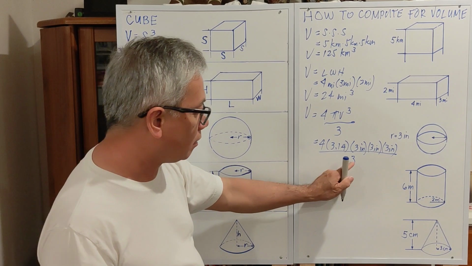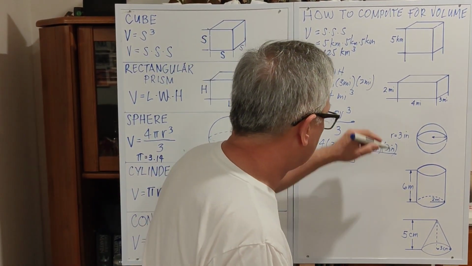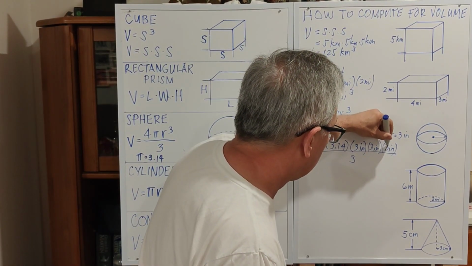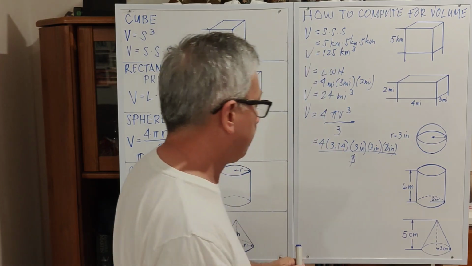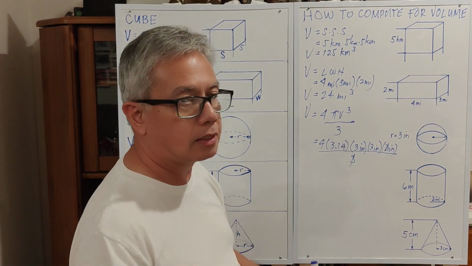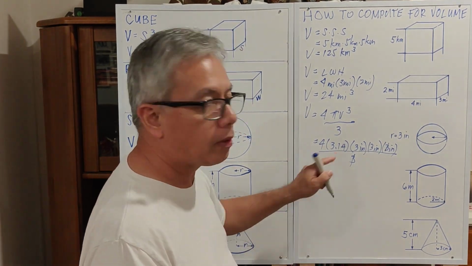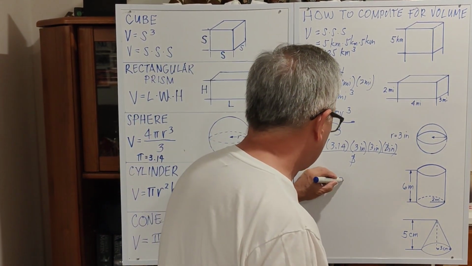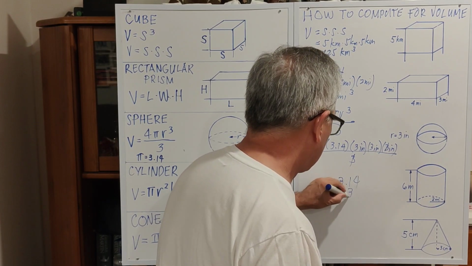We can cancel 3 and one of the 3 on the numerator. So what we have left is 3 times 3, 9, times 4 is 36. We multiply that to 3.14. 3.14 times 36.